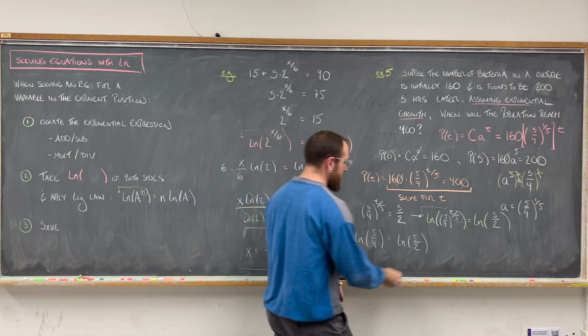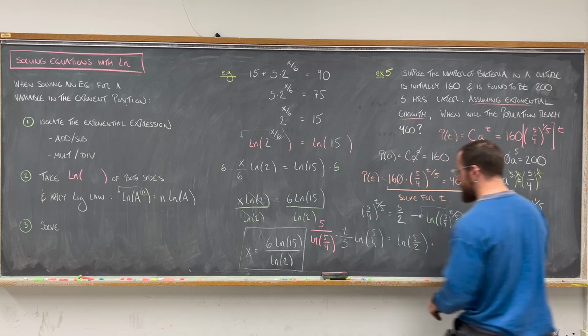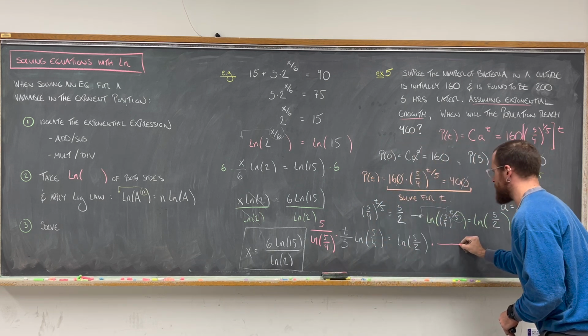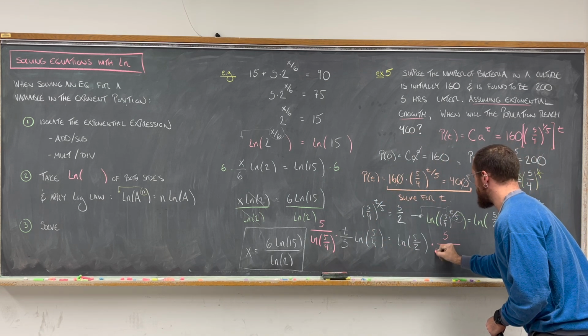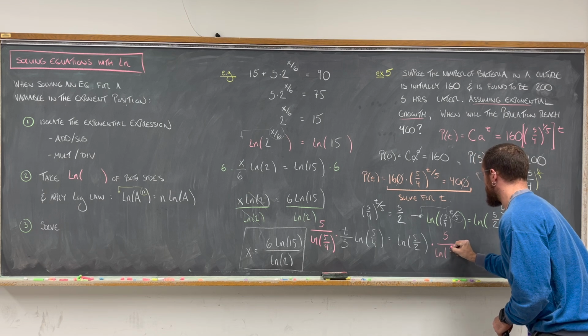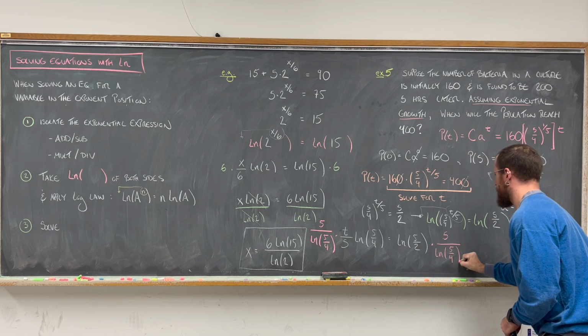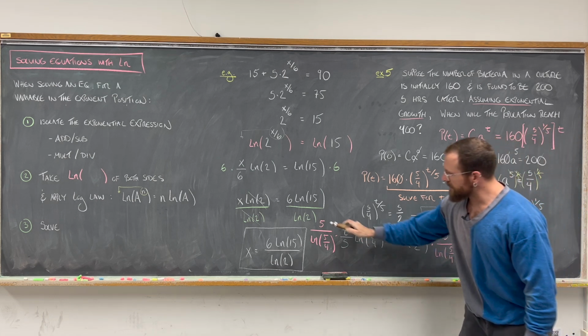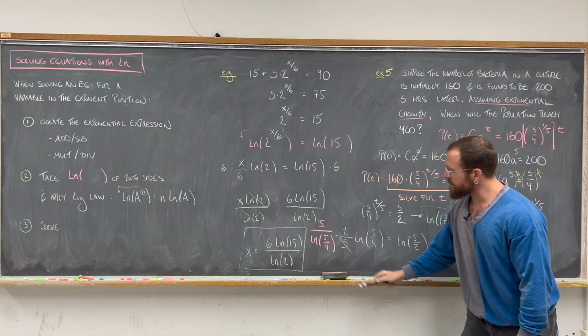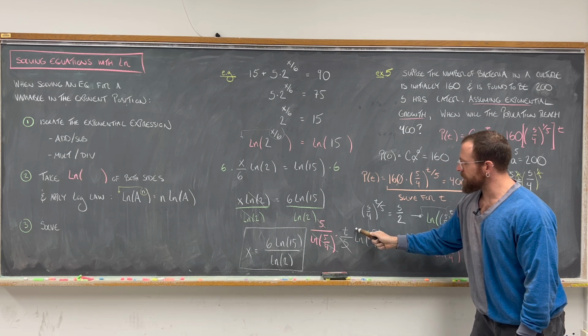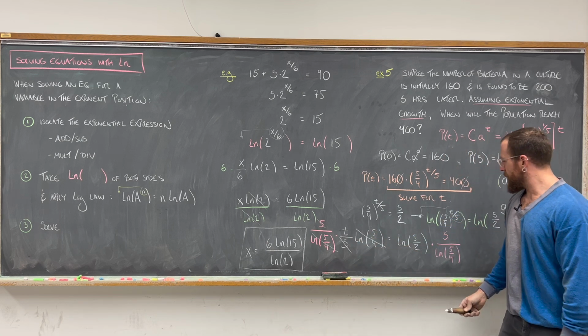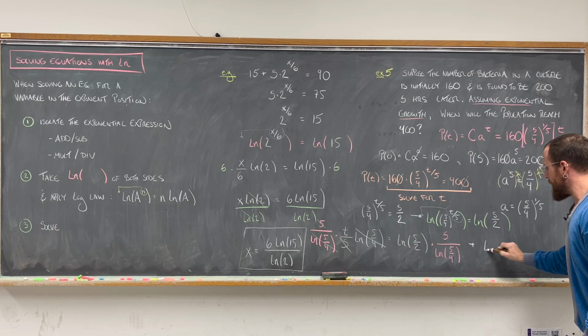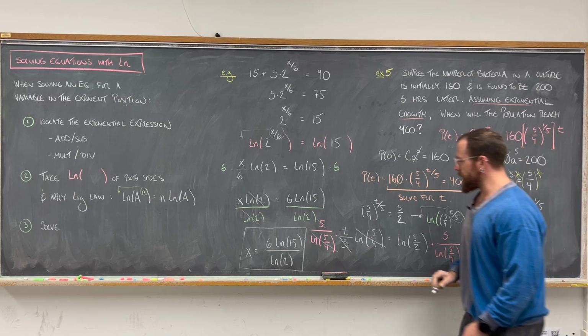I'm going to do the same thing to the other side of the equation because I have to maintain the balance of the equation. So 5 divided by ln of 5/4. Okay? And now you see that this 5 and this 5 cancel, of course. This natural log of 5/4 and this natural log of 5/4 cancel. We've got t alone on one side of the equation.